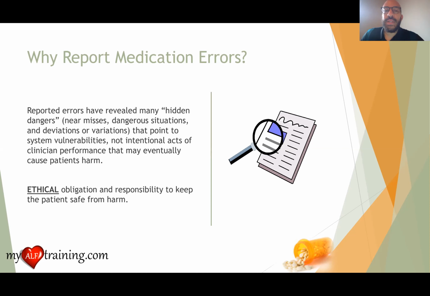We have an ethical obligation and responsibility to protect them from harm, to keep them safe. Their loved ones trust us, our managers trust us, and we owe it to them. It's our ethical obligation. We have to. And we've identified that reporting medication errors, near misses, even issues that don't cause any problems for the patient, need to be reported.